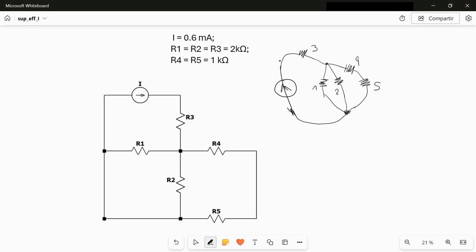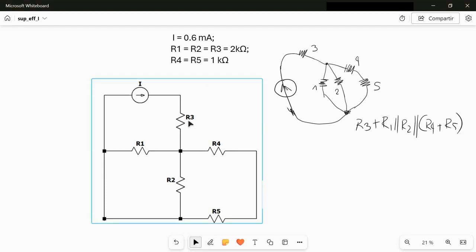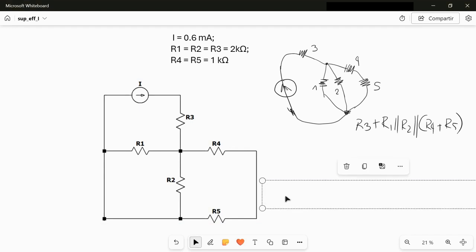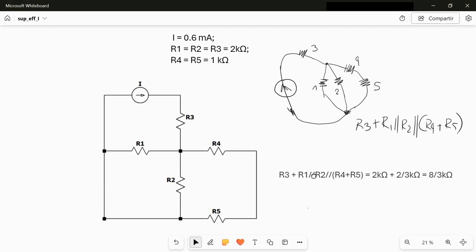So basically we can write down the equivalent resistance as R3 plus the parallel of R1, R2, and the sum of R4 plus R5. I have written this equivalent resistance here for clarity.